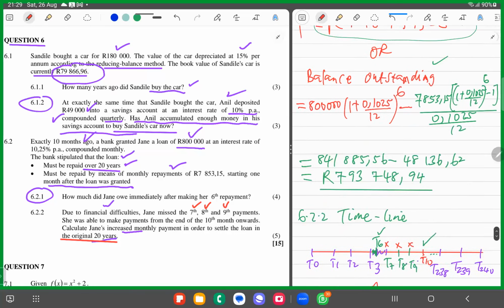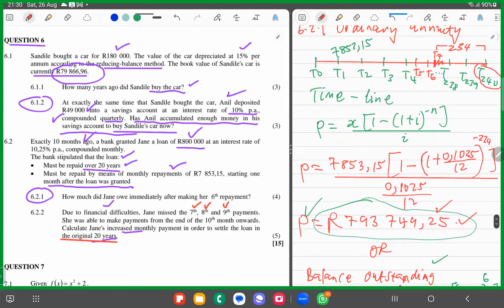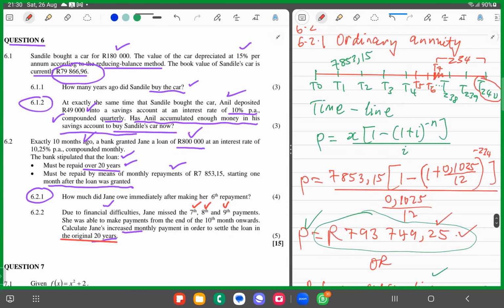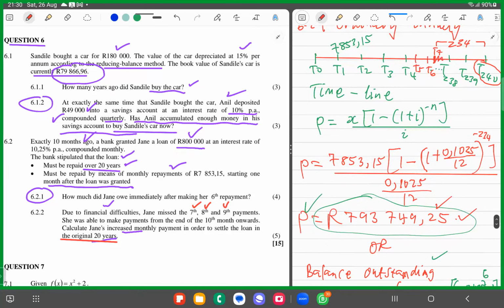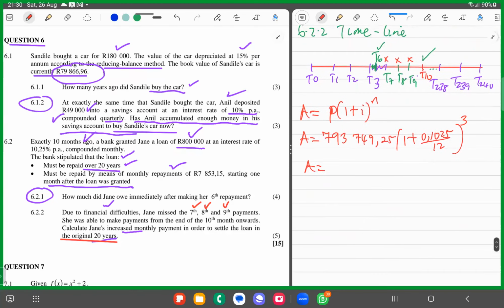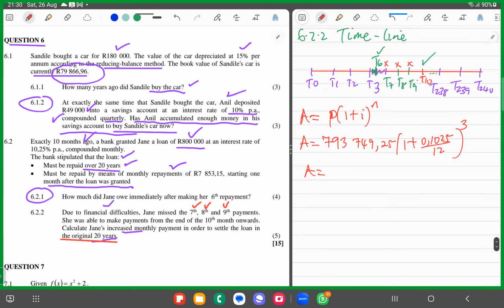So the 793,000 that we got here after making the sixth payment, this is what she was owing, and now it is going to increase to the following. To increase to 814,263.3052.